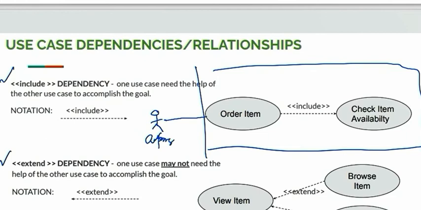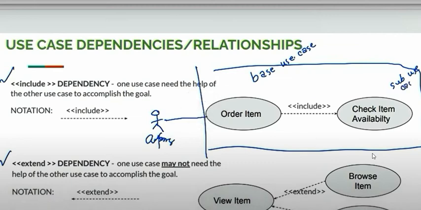Okay, so when is the include dependency applied? You have here two use cases. Order item is the base use case, and then check item availability is the sub use case. We can term this one as sub-function rather.